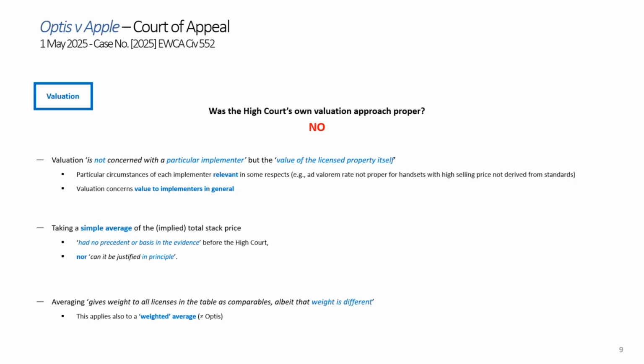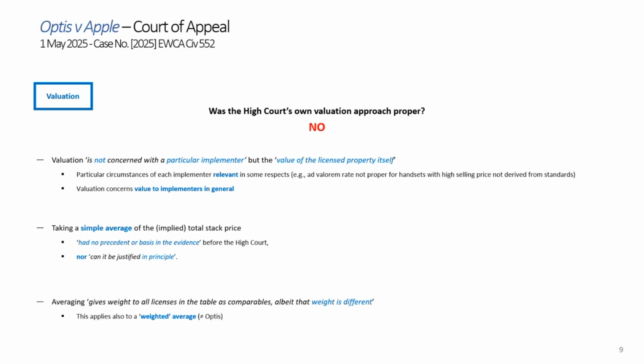The second element, which was also in the eyes of the Court of Appeal fundamentally flawed, was this simple average approach, which the High Court had done, because taking a simple average had, in the eyes of the Appeal Court, no precedent or basis in the evidence, and it can also not be justified in principle.